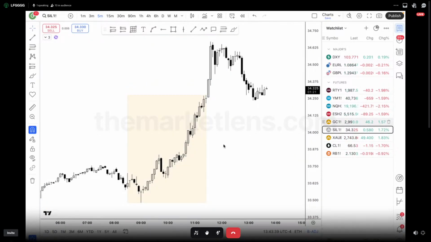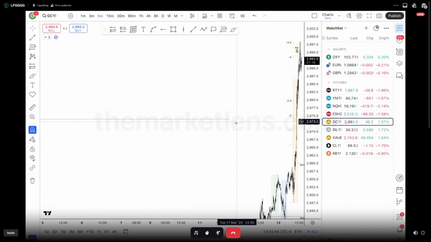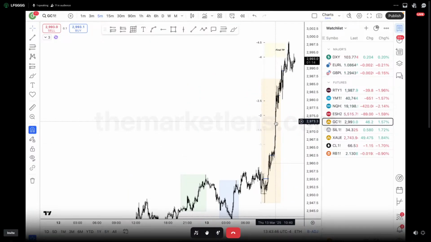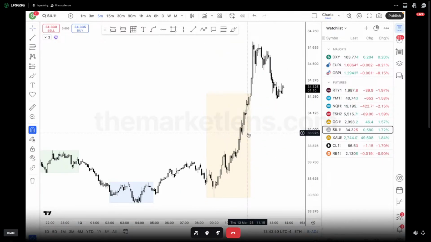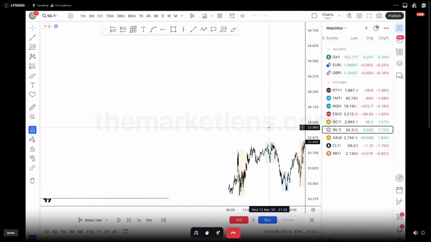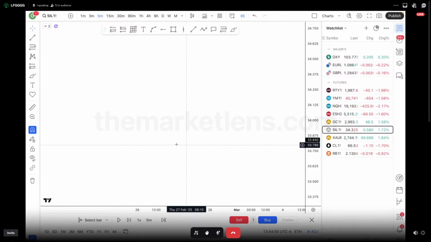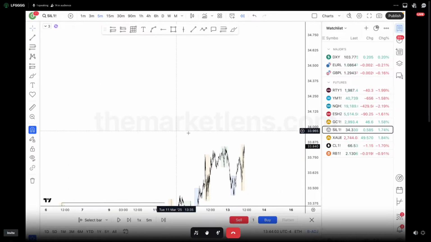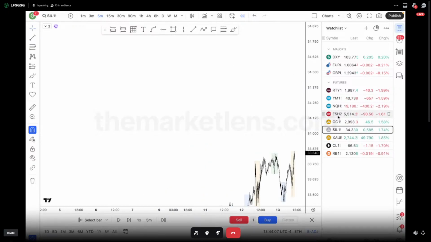But the main reason I held this, guys, is because when you look at when we took out this high, what time was it? It was the 1040 candle. So let me replay it. 1040. If you look here, what do we know about the other asset? We haven't reached our draw yet. So if this asset is more than likely to continue because it's a stronger asset overall, then so will gold.